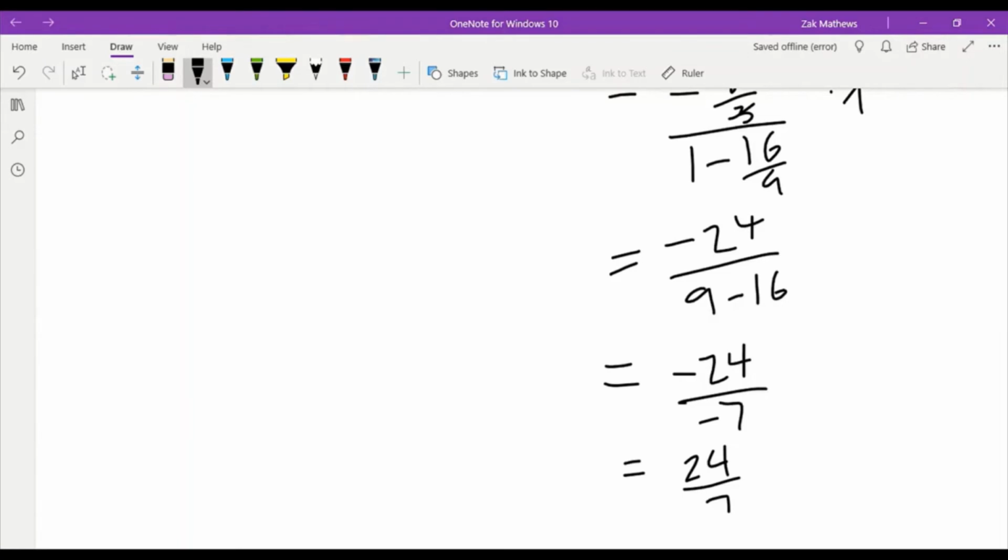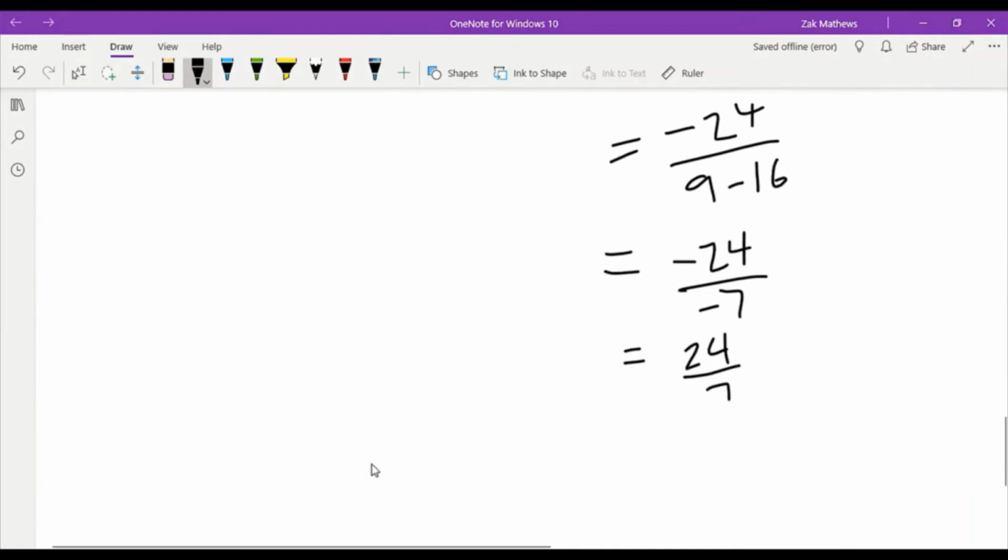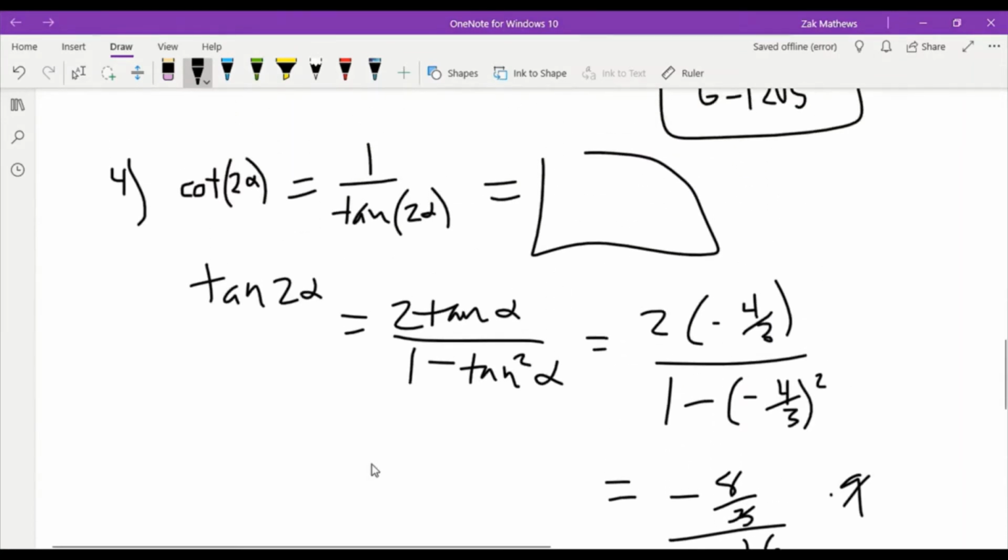And we can't simplify that anymore, so that would be our answer for the tangent of 2 theta. But, of course, we wanted to know cotangent, so we could write it as 1 over, or we could just flip what we had, so that means the 7 is going to go on top, and the 24 will go on the bottom. And that is our answer.